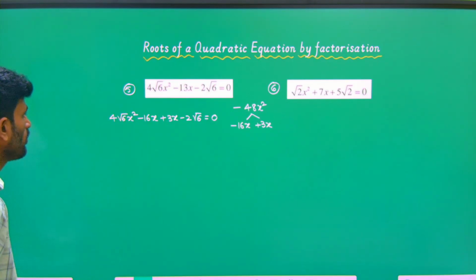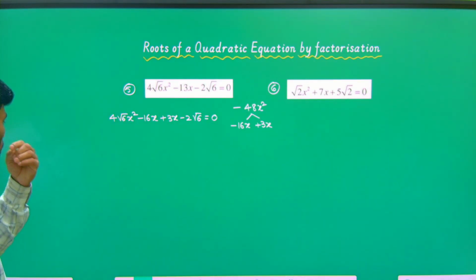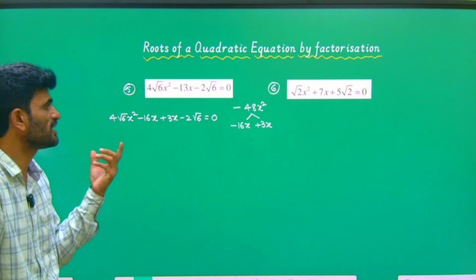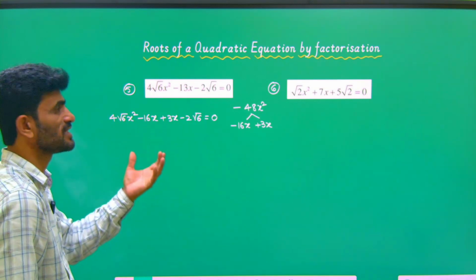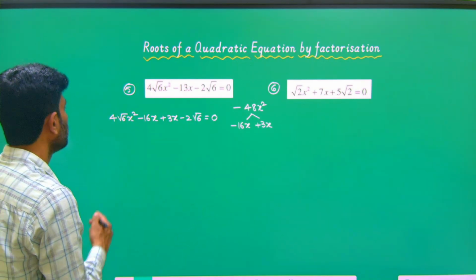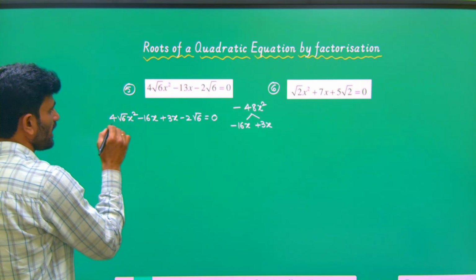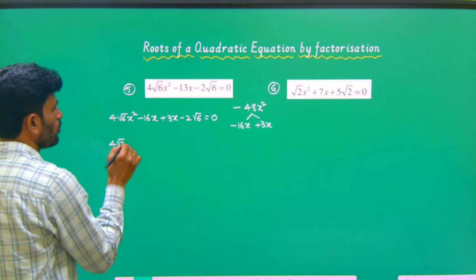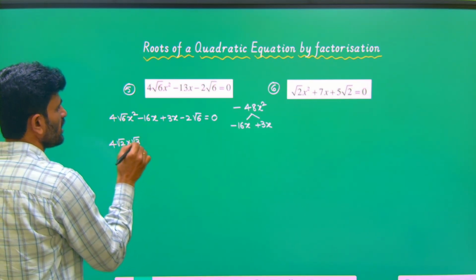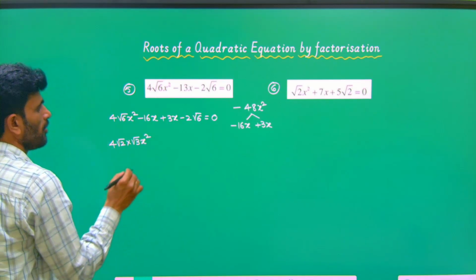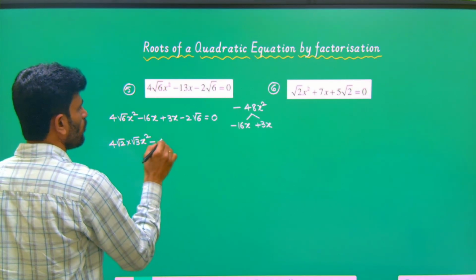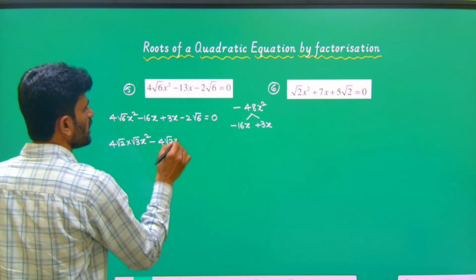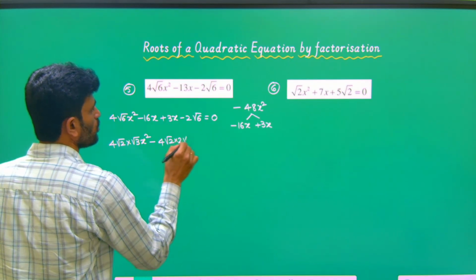So what do we have to do? We have to find out the common term in both, such that we can take common one more time. So here we have to write the first one as 4 root 2 into root 3 x square, minus, here also, 4 root 2 into 2 root 2x.